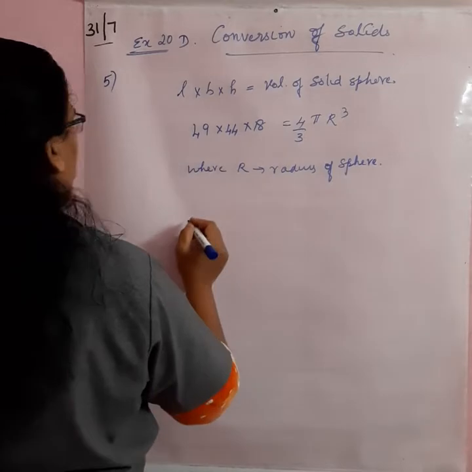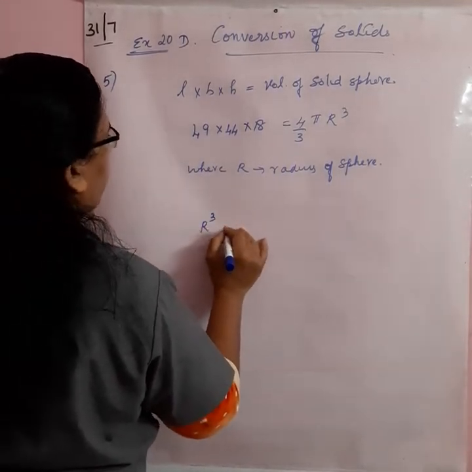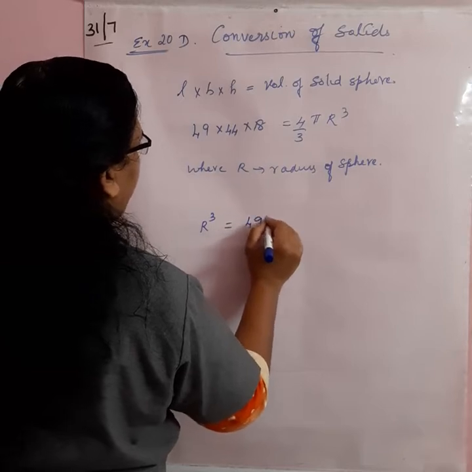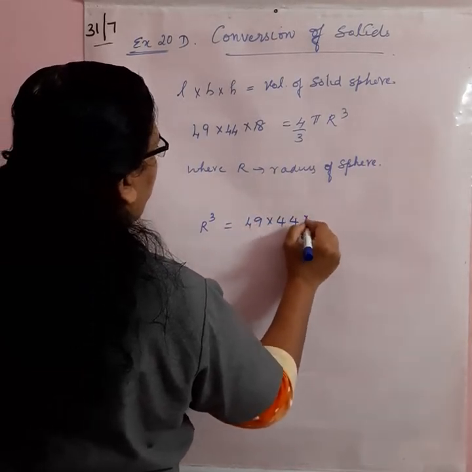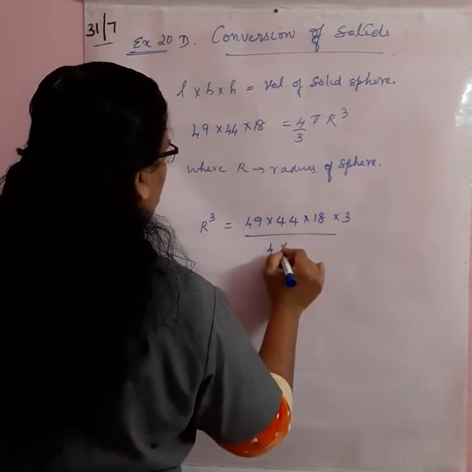Right? So 4 by 3 pi r cube. So what is r cube? r cube is equal to 49 into 44 into 18 into 3 divided by 4 into pi.